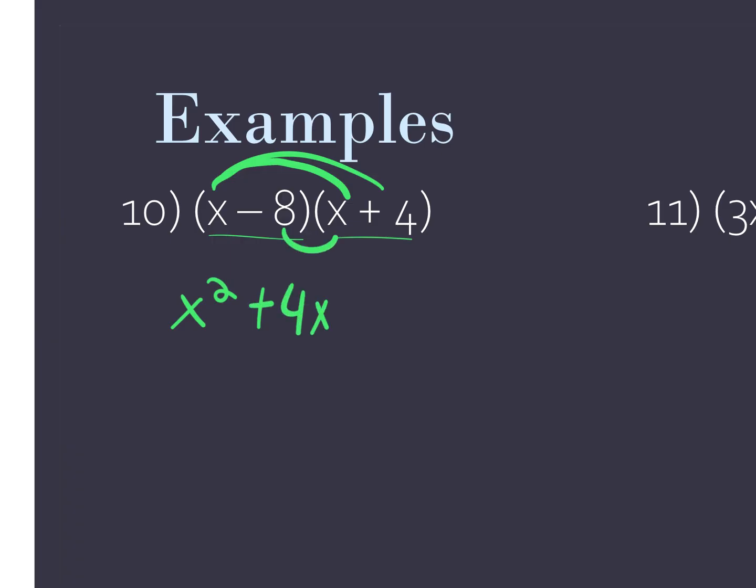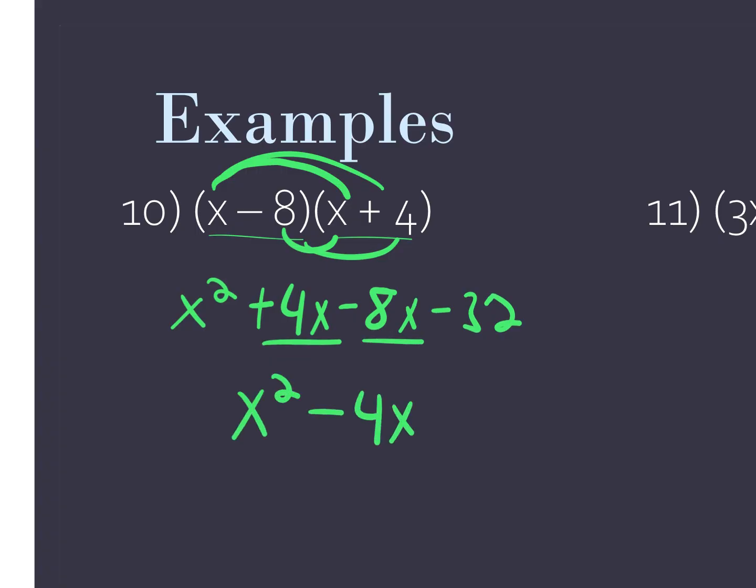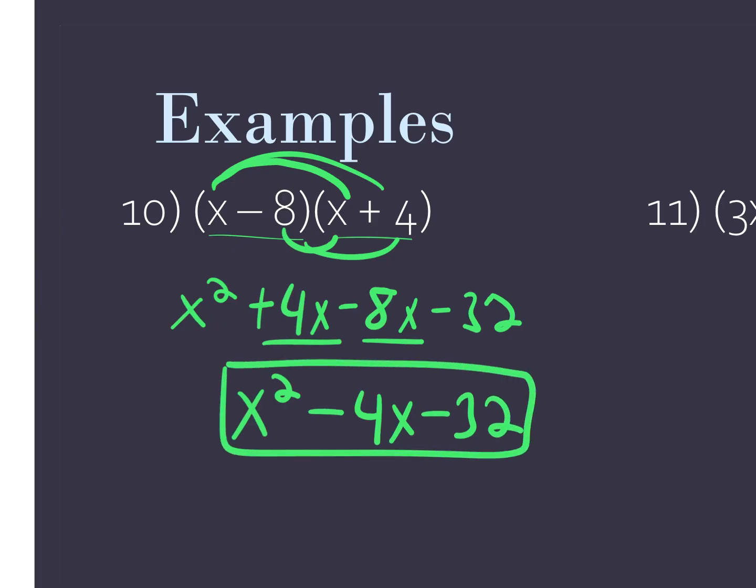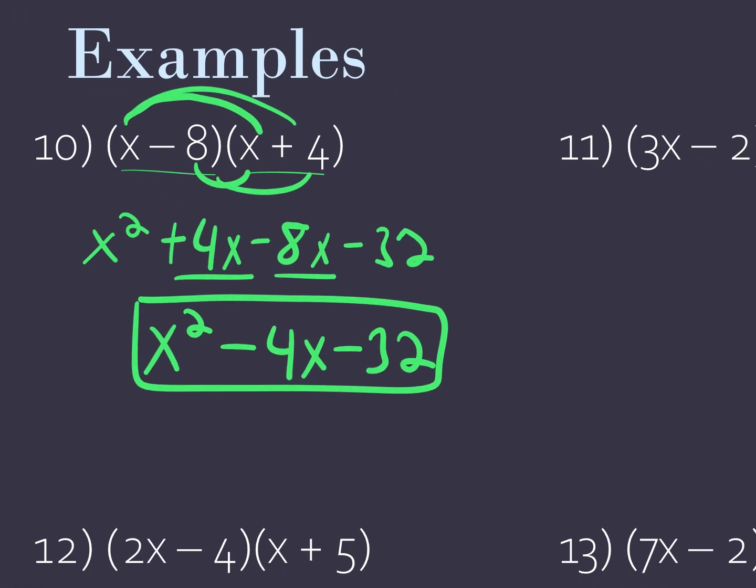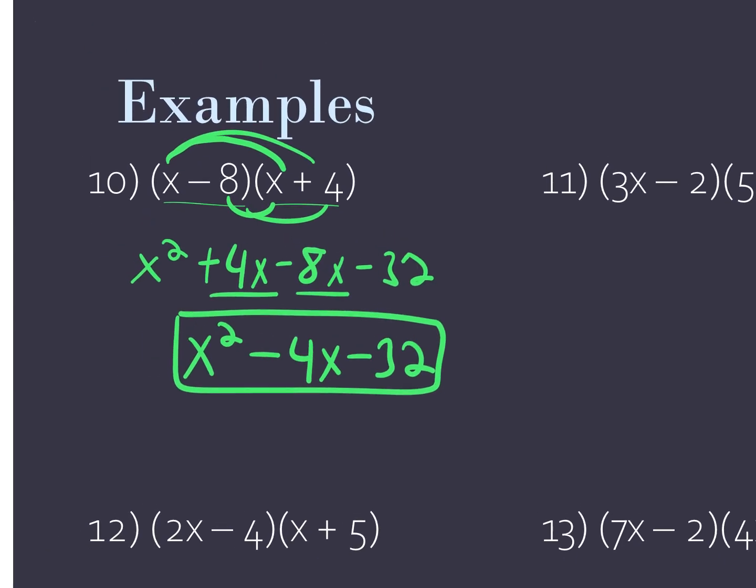Negative 8 times x is what? Negative 8x, good. And then negative 8 times 4 is what? Negative 32. Okay. Do we have any like terms we can combine here? Good, right? So I can do 4x minus 8x. So this is going to get us x squared minus 4x minus 32. We'll get that as our final answer.